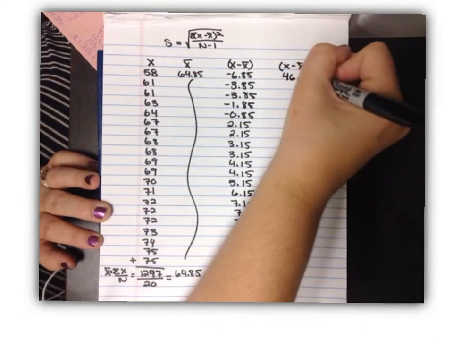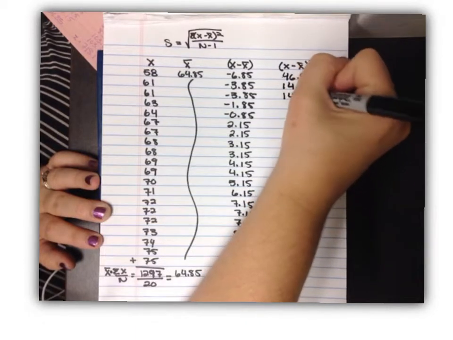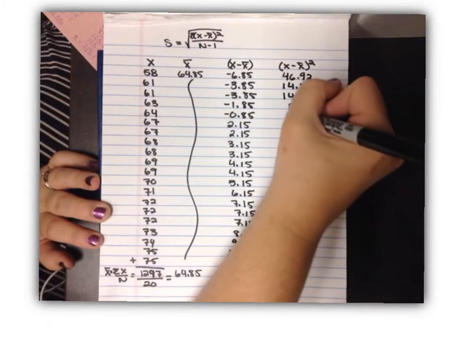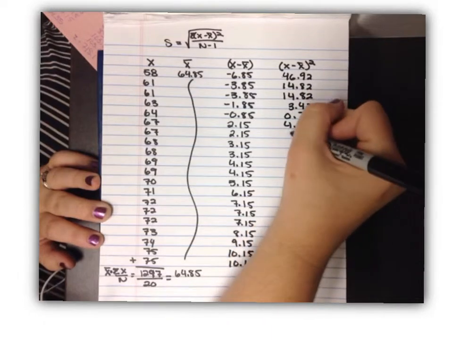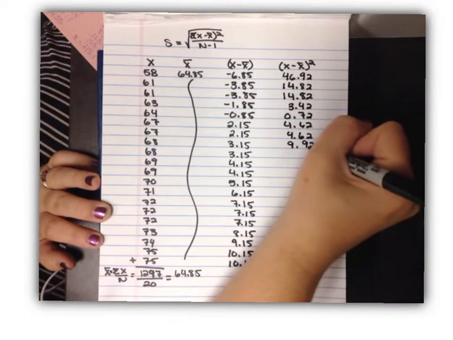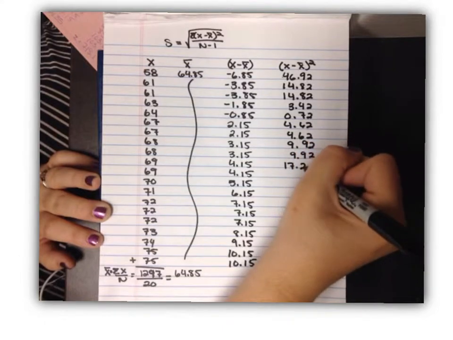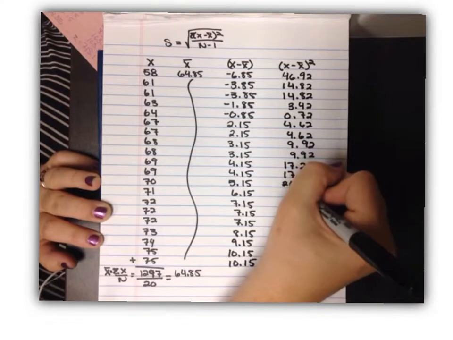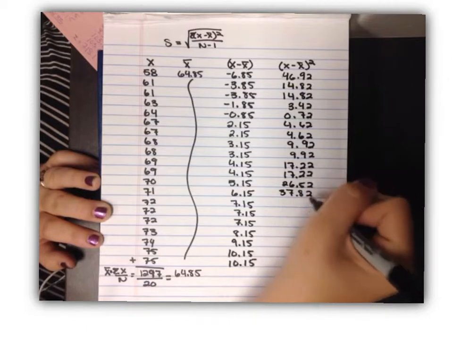So it's going to be 46.92, 14.82, 14.82, 3.42, 0.72, 4.62, 9.92, 17.22, 26.52, 37.82.